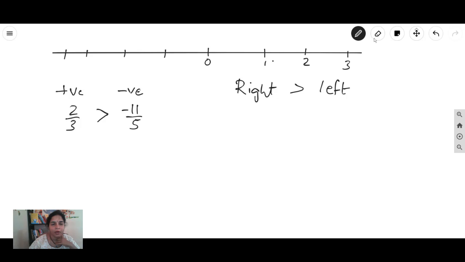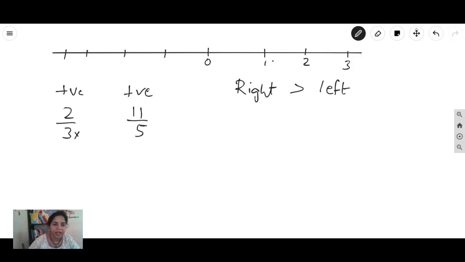Now, if you take the case of a positive and a positive rational number, let's say again 2 over 3 and 11 over 5. This is just like comparing any fractions. When comparing any two fractions, we used to take the least common multiple and make both fractions have the same denominator, right?